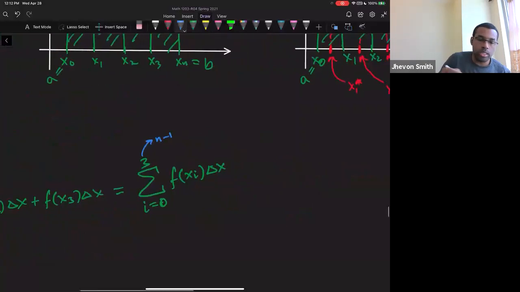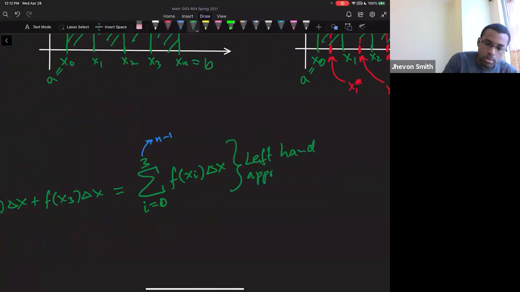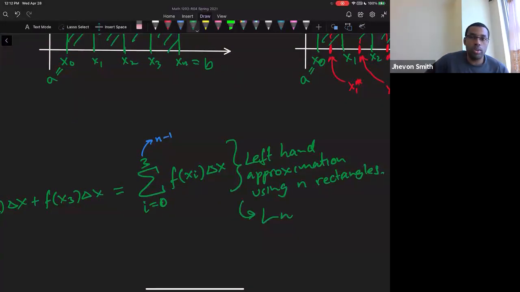So this is what's called the left-hand approximation, using n rectangles, which in this case n is 4. So the symbol that we use is big L little n, right?